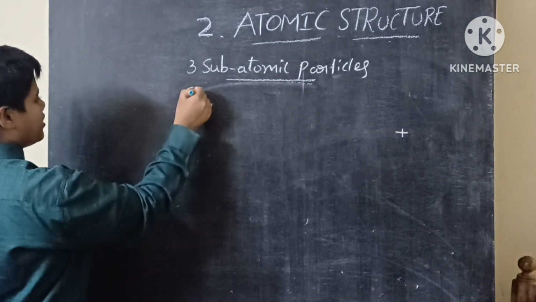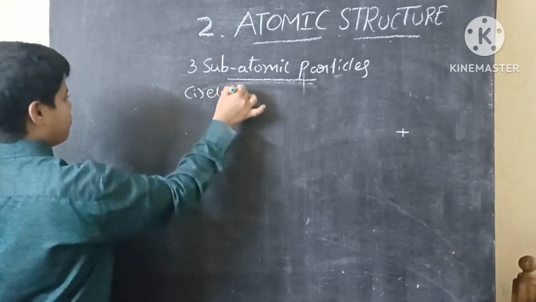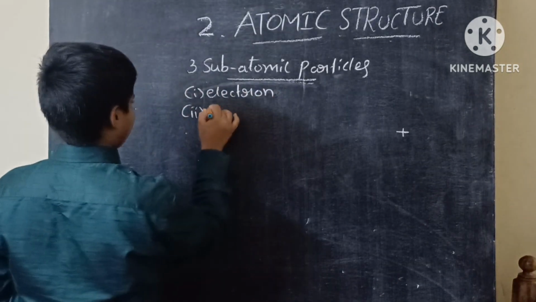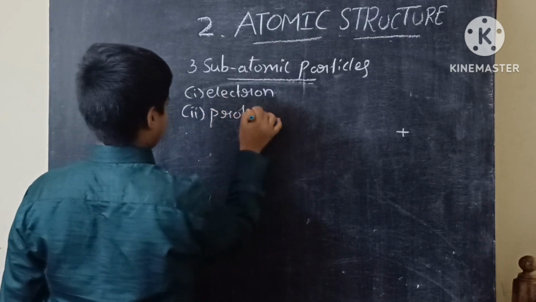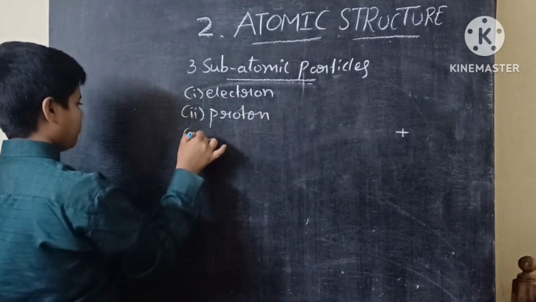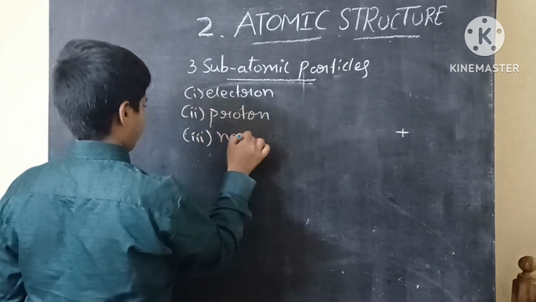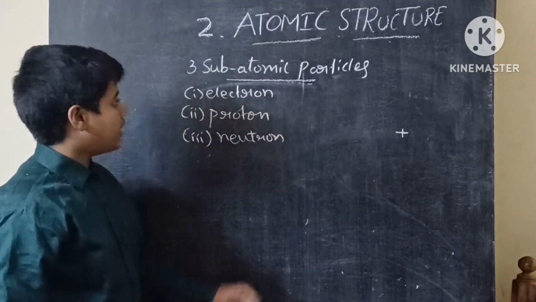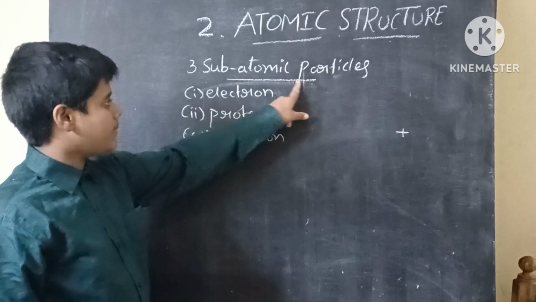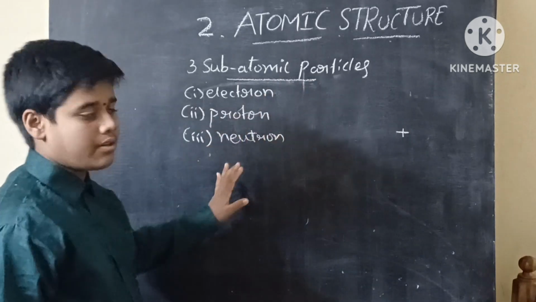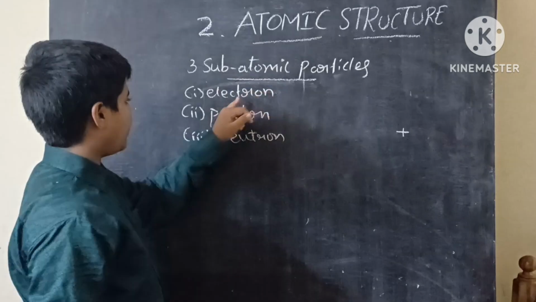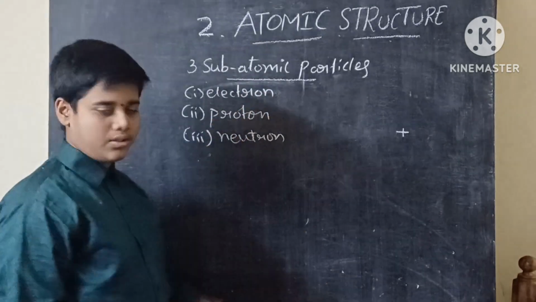Those are, first one electron, second one proton, third one neutron. Okay, so there are three subatomic particles, which means the structure of an atom will contain electron, proton, and neutron.